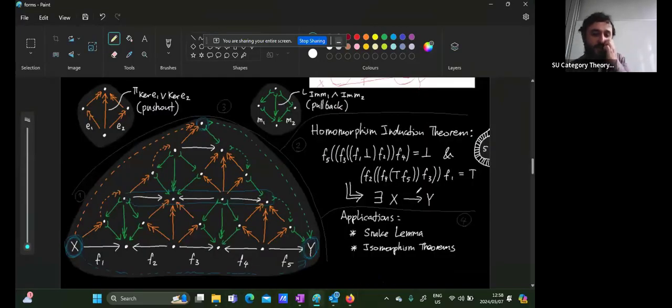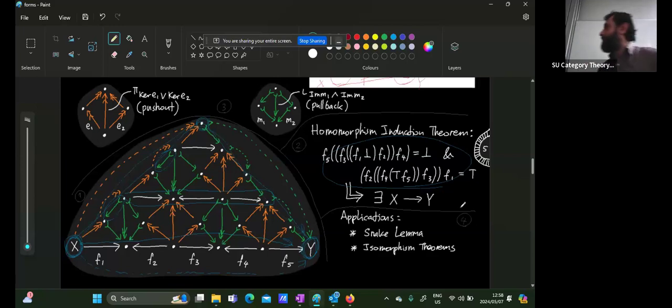So that condition turns out to guarantee that the green maps that are going the wrong way are isomorphisms. And one can then also show that chasing things from left to right does not depend on the path. So chasing from X to Y is the same as chasing that way and then that way. Because of that, together with this condition I said, the wrongly directed green arrows will be isomorphisms and the wrongly directed orange arrows will be isomorphisms. So you can then compose all of this to get the morphism you're looking for.